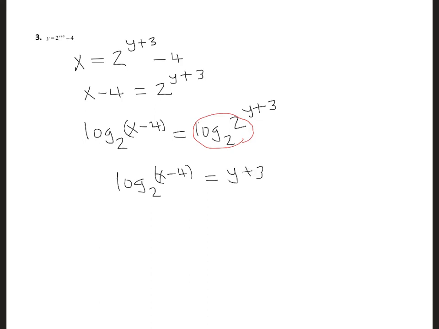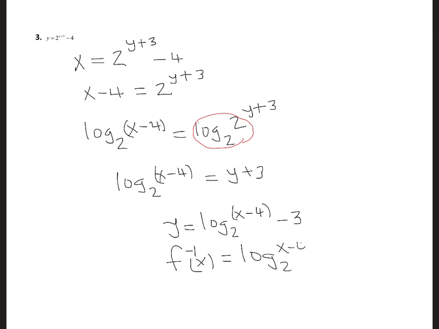And finally, I can subtract 3 from both sides. So I get y equals logarithm to base 2 of x minus 4, and then minus 3. And I can write it using the inverse notation. And that's the answer.